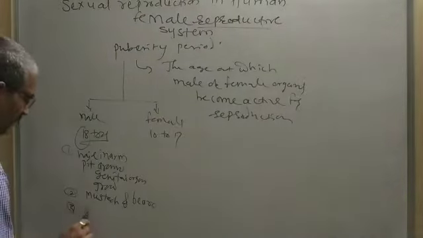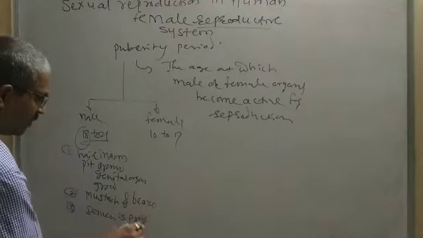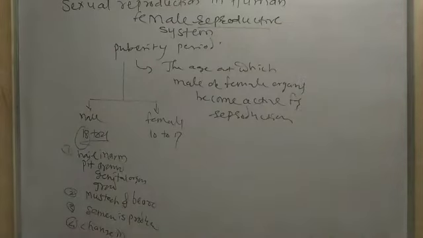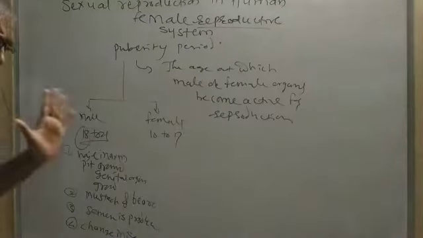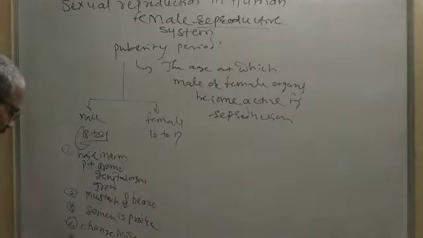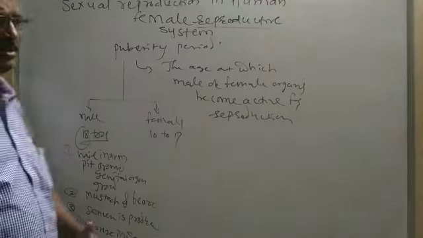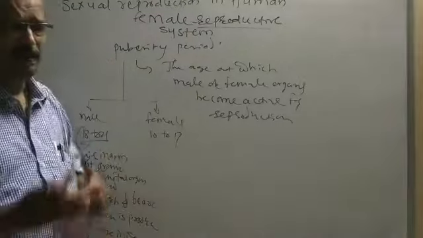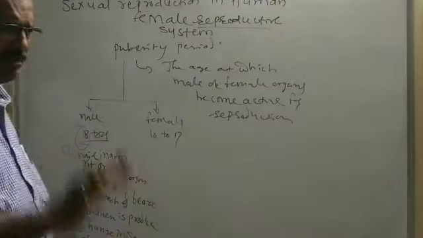Then the third one is that semen is produced. Change in sound, change in mind, change in thinking. These are the changes that take place when a male becomes an adult. And what are the changes that take place in the female during the puberty period?